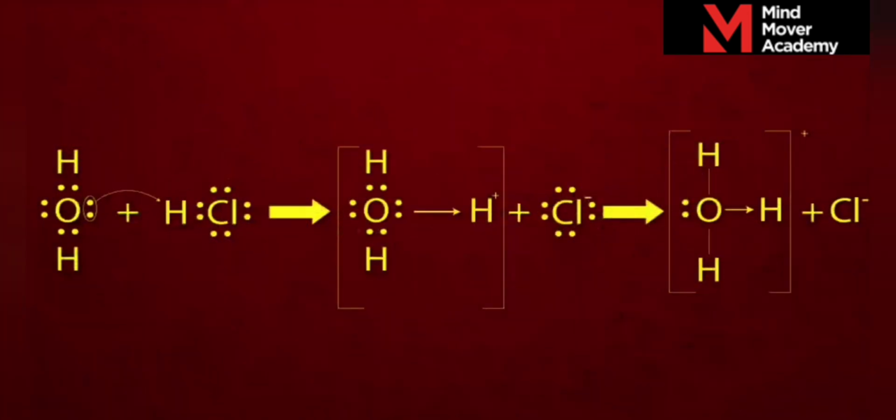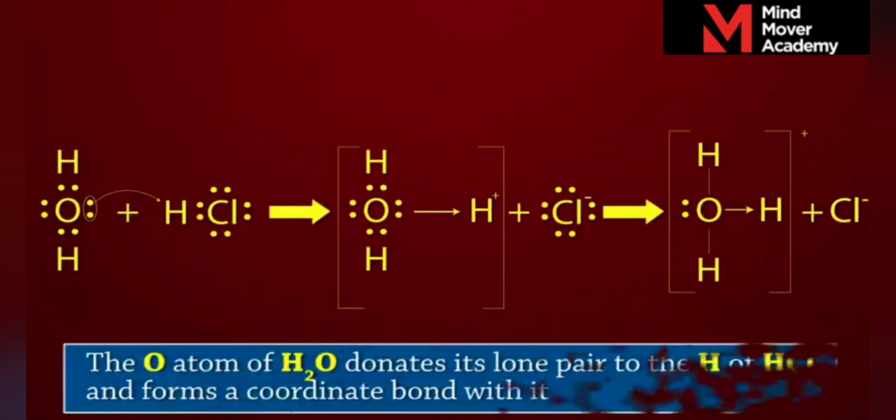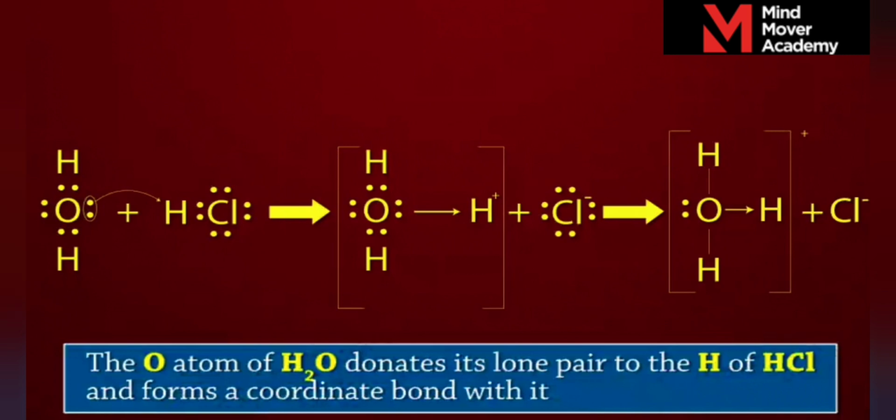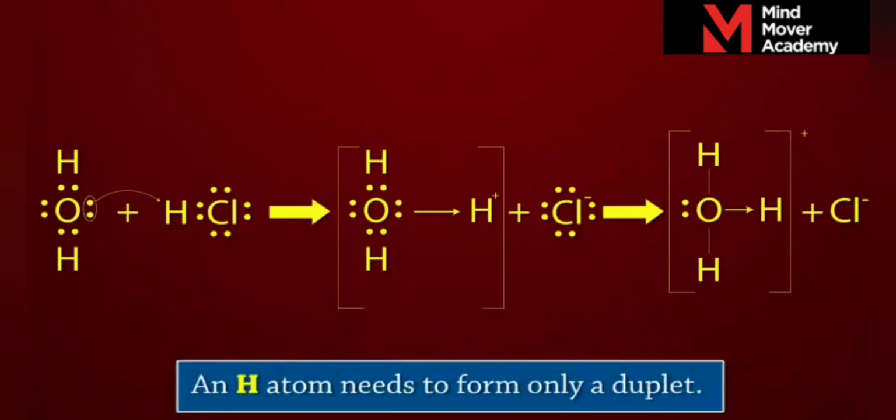Let us see how this happens in case of HCl. The O atom of H2O donates its lone pair to the H of HCl and forms a coordinate bond with it. An H atom needs to form only a duplet.